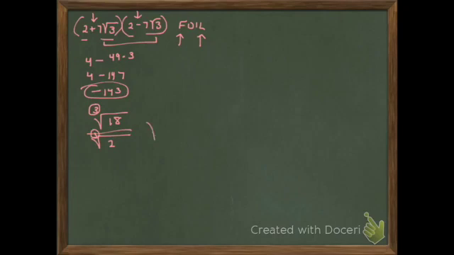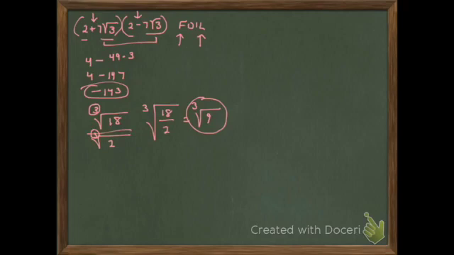I can write that as 1 and simplify it that way. Because I don't have at least 3 of these, I can't. This is only going to be 3 times 3 and not 3 times 3 times 3. I can't simplify that any further.